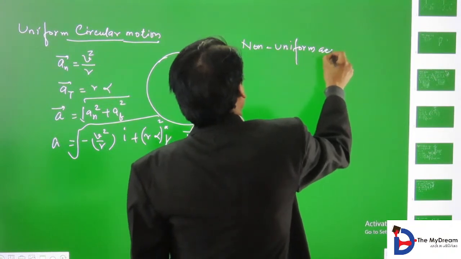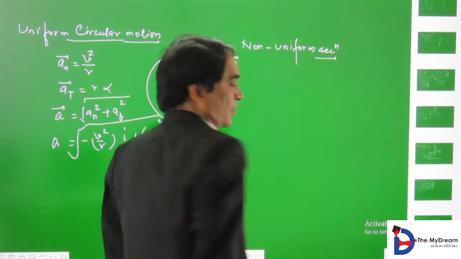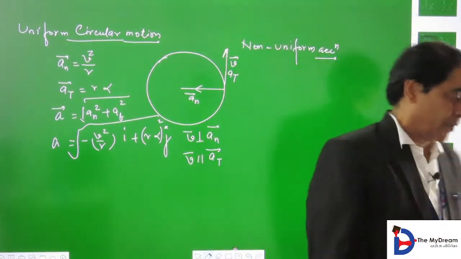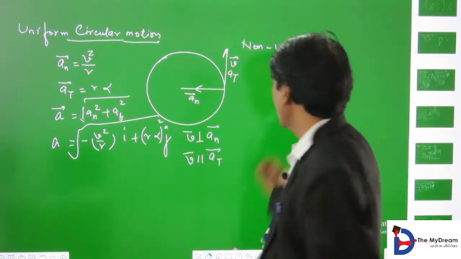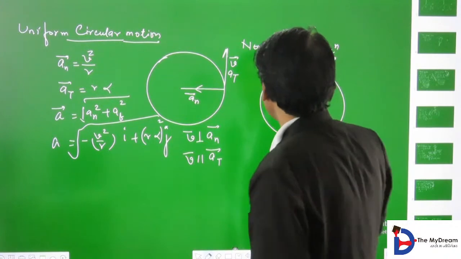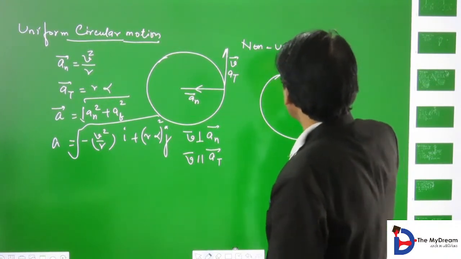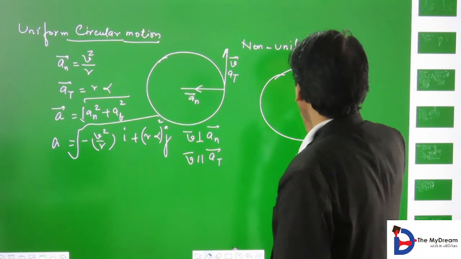In case of non-uniform acceleration, when we are talking about the non-uniform acceleration, suppose this is the table, which is the block is placed like this.